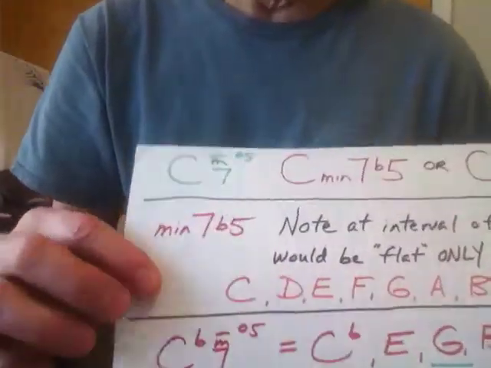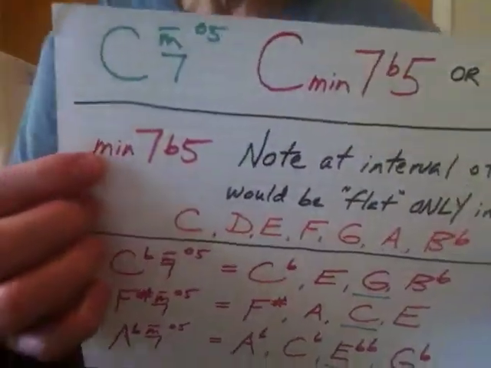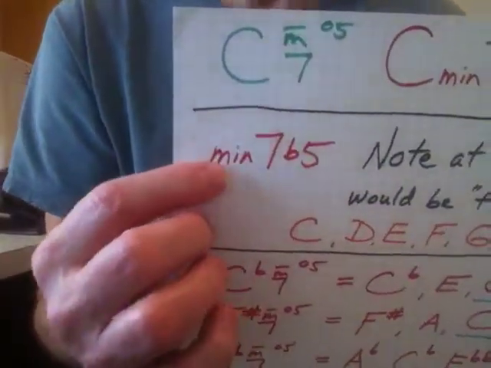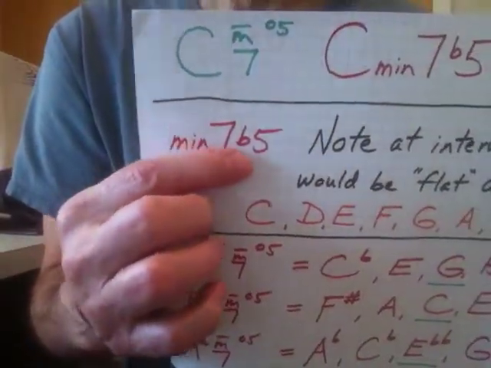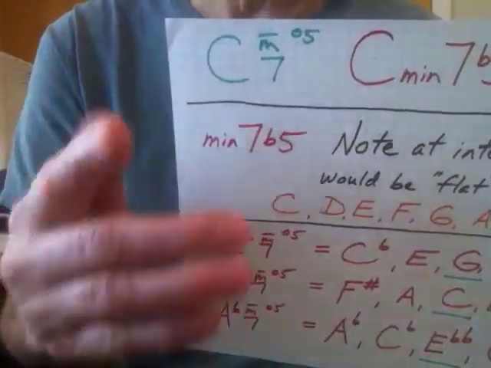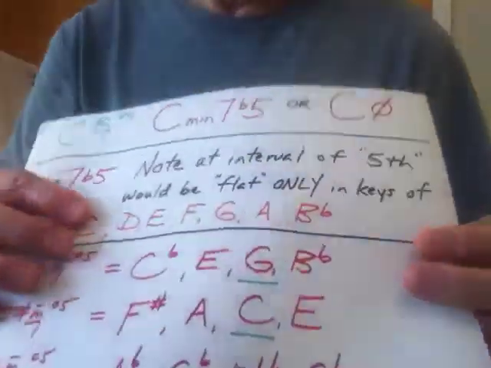Now here's the problem. Let's say you had an actual chord, a minor 7, and the fifth note had a flat sign on it. It was a flat 5, right?